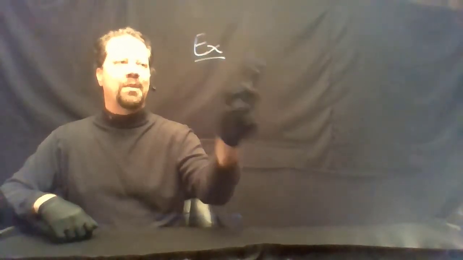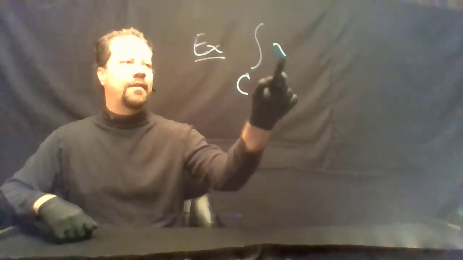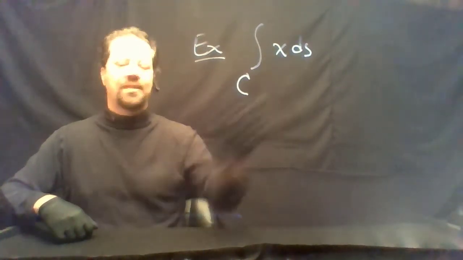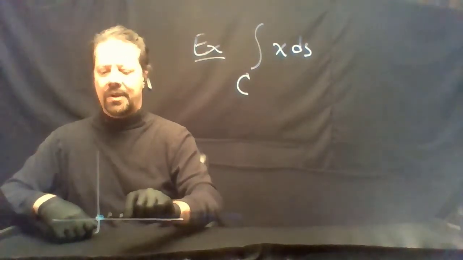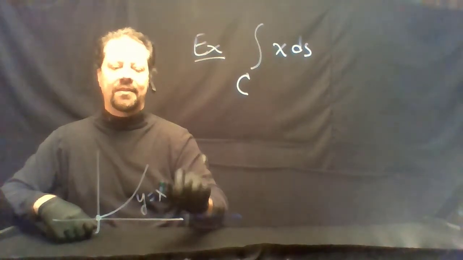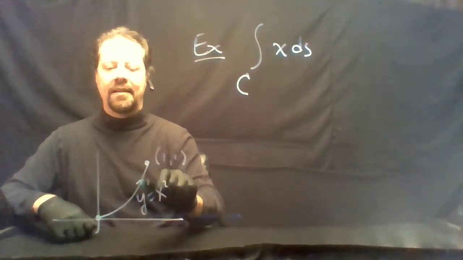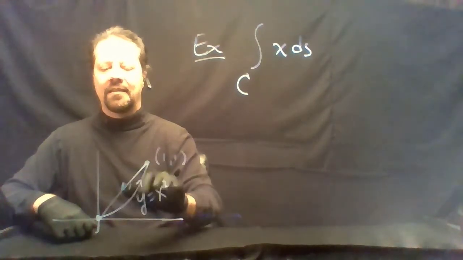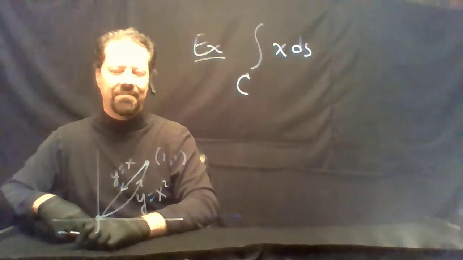Let's do another example. Let's evaluate the integral on a curve of x ds, where the curve is described as follows. We'll start at the origin and go along the curve y equals x squared to the point 1, 1. And then we'll go back along y equals x to the origin.